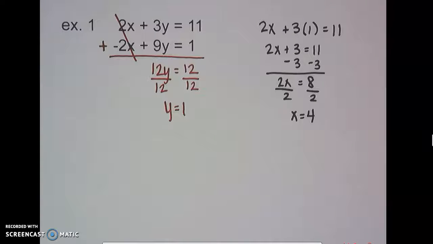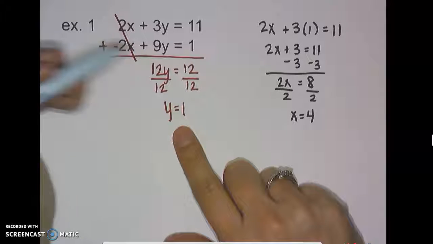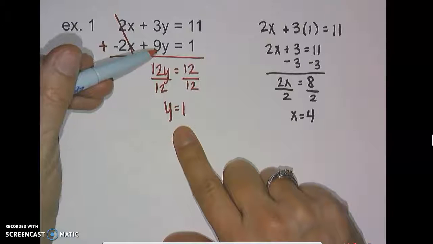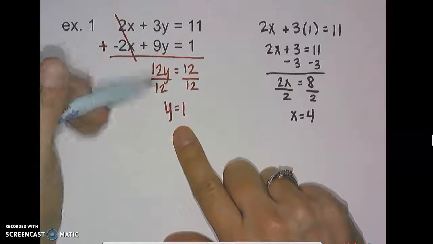Now, just like we did with substitution, we can take those answers and the original equations and plug them into Desmos and see if they work. We can also plug them back into the original equations and see if it works in both of them. If we plug that 1 into the second equation, 9 times 1 would be 9.